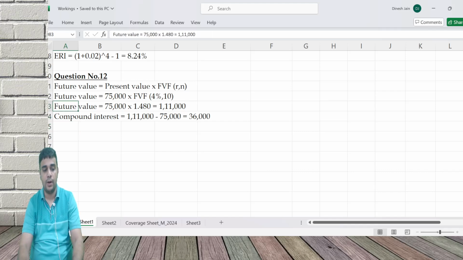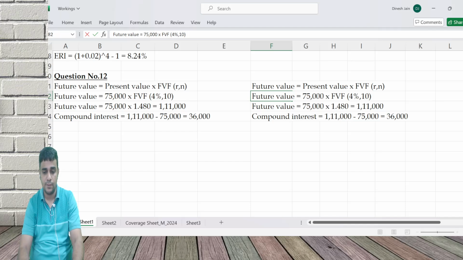What is the rate of interest now? 2%. Number of periods 20, into 1.486. So value increases to 1 lakh 11,450 and 36.